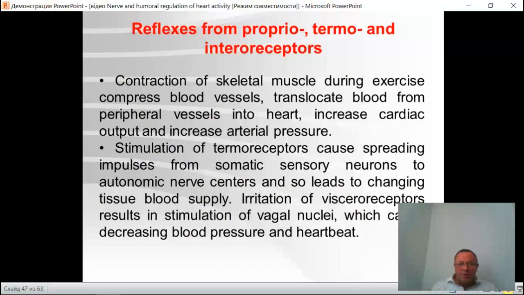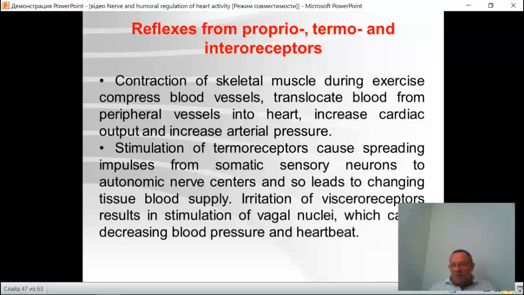Reflexes from proprioceptors, thermoreceptors and interoceptors. Contraction of skeletal muscles during exercise compresses blood vessels, pushing blood into the heart, increasing cardiac output and increasing arterial pressure.